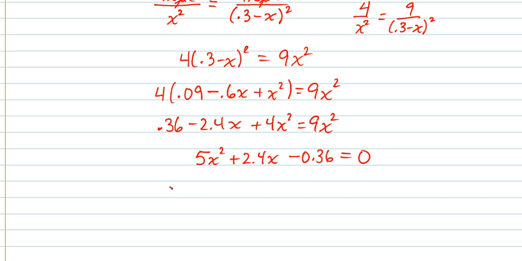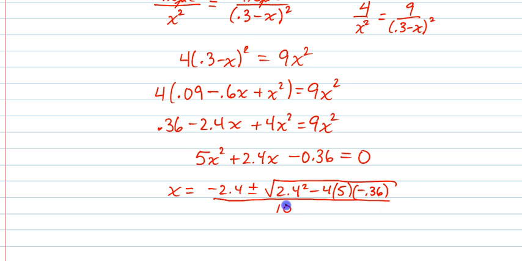And so x is equal to negative 2.4 plus or minus the square root of 2.4 squared minus 4 times 5 times negative 0.36, all over 10. So that's negative 2.4 plus or minus 3.6, all over 10.